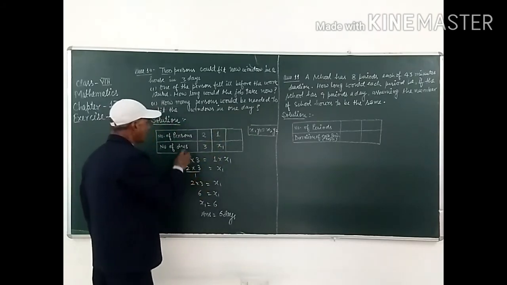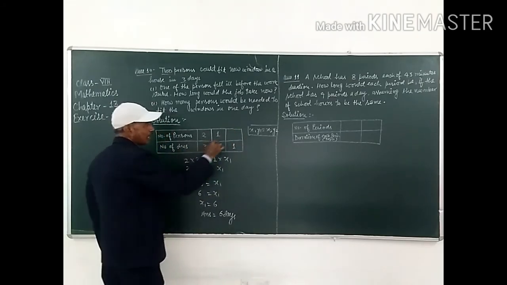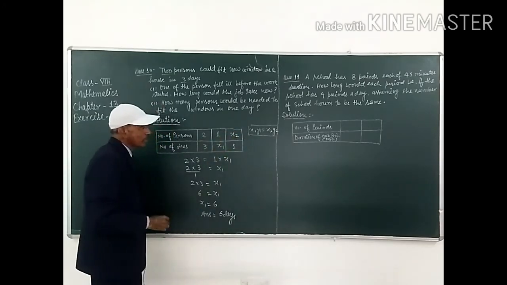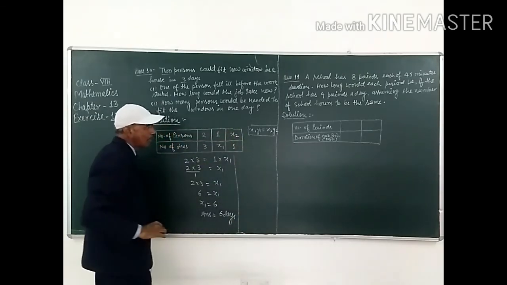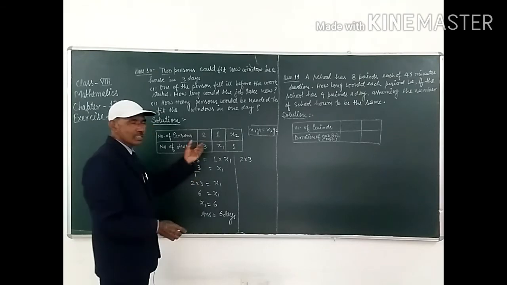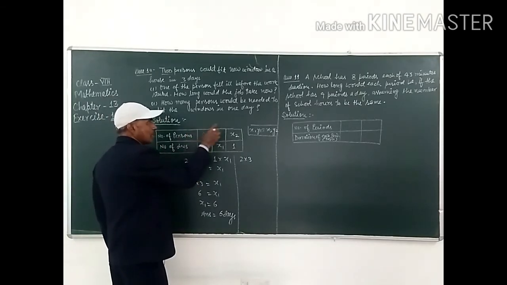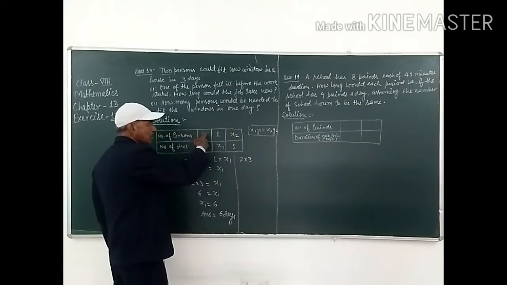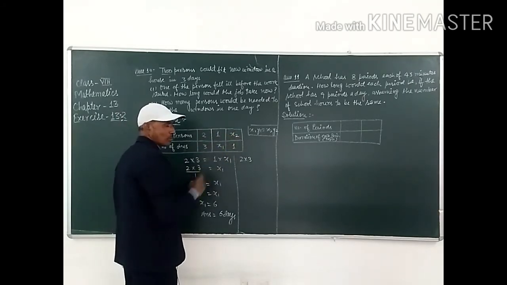The second part of this question is, students, how many persons would be needed to fit the windows in 1 day? Now the number of days will be 1 here. Then how many persons would be needed? Let the number of persons be x2. Clear, friends? Now we have to solve this and find the value of x2. This is the same question, students. So we have to solve this using the inverse proportion formula, x1 y1 is equal to x2 y2.